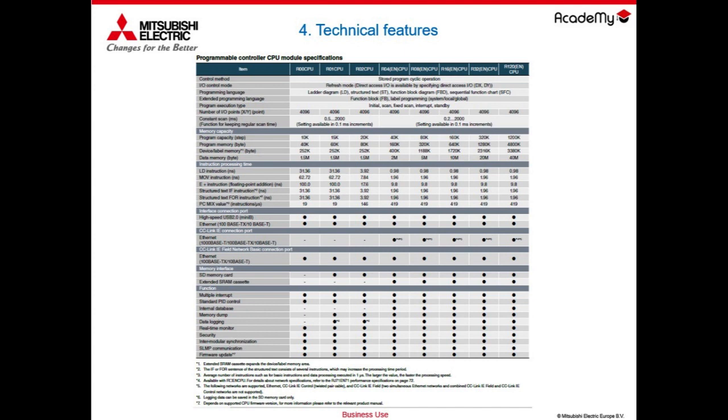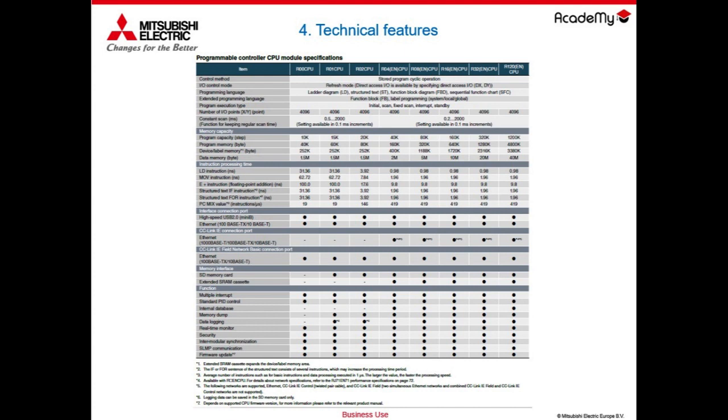So 10 kilosteps corresponds to 40 kilobytes. For an R04, 40 kilosteps of program memory means 160 kilobytes of program memory.